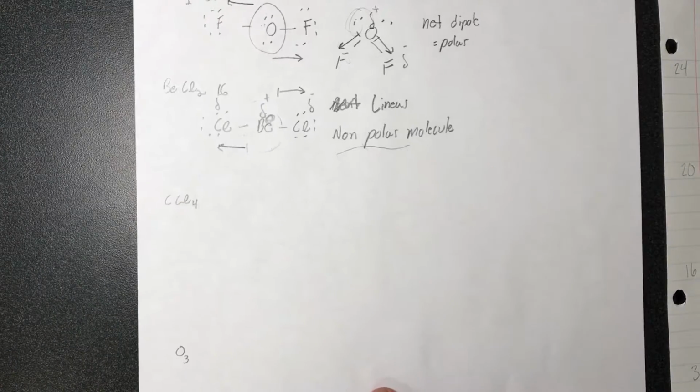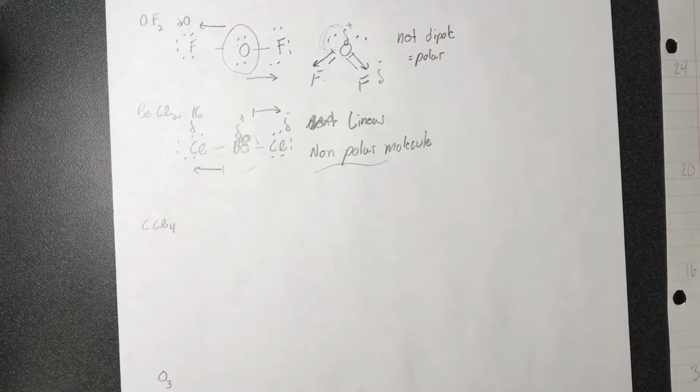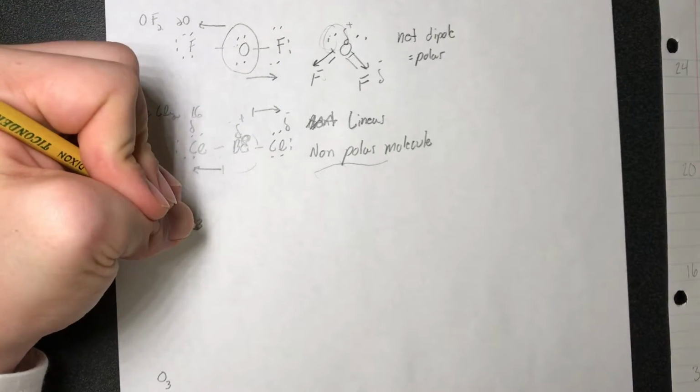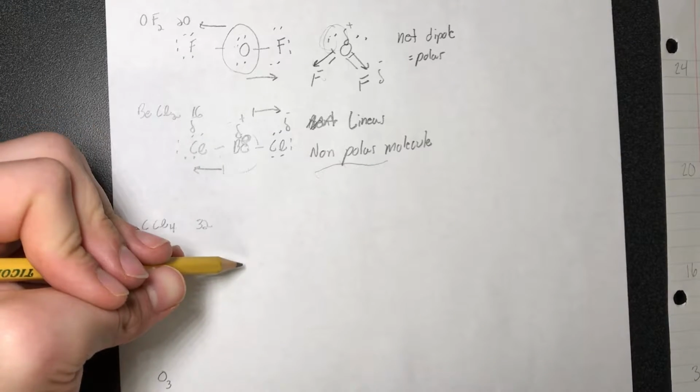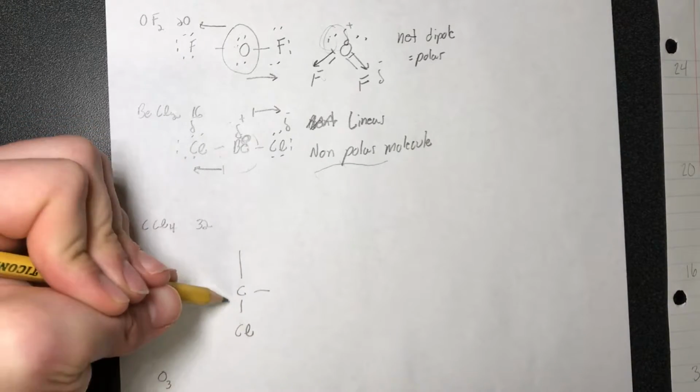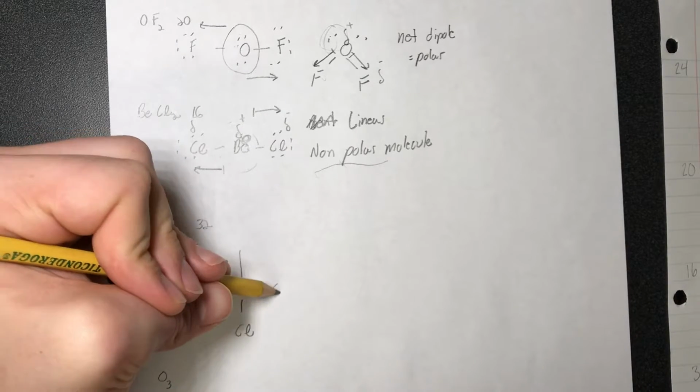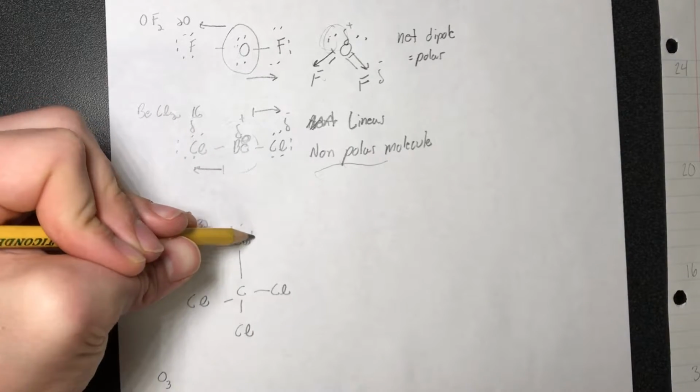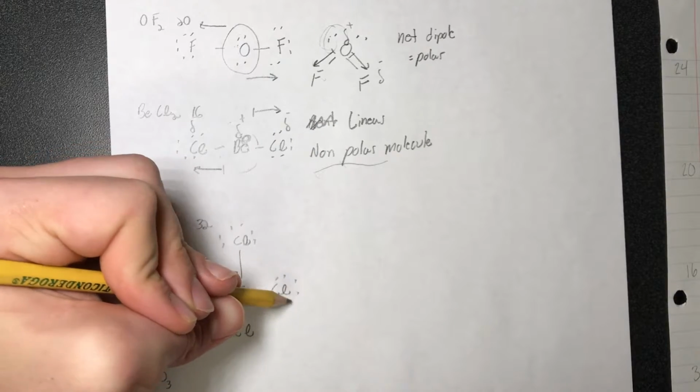So our next compound here is CCl4, which has 32 electrons. And if we draw this with our least electronegative in the middle again, and then go ahead and add our electrons.